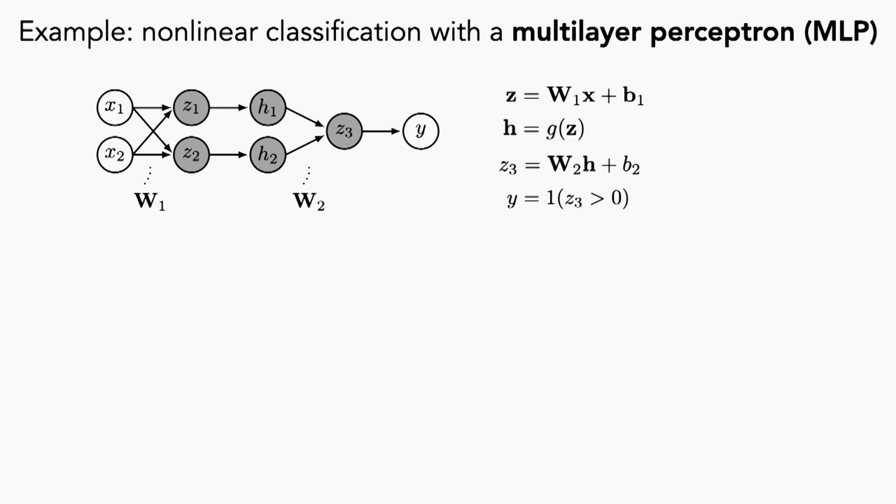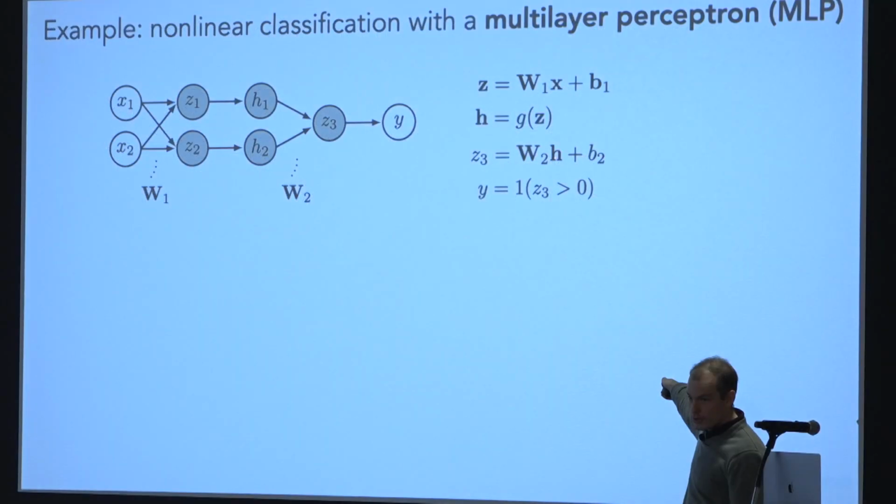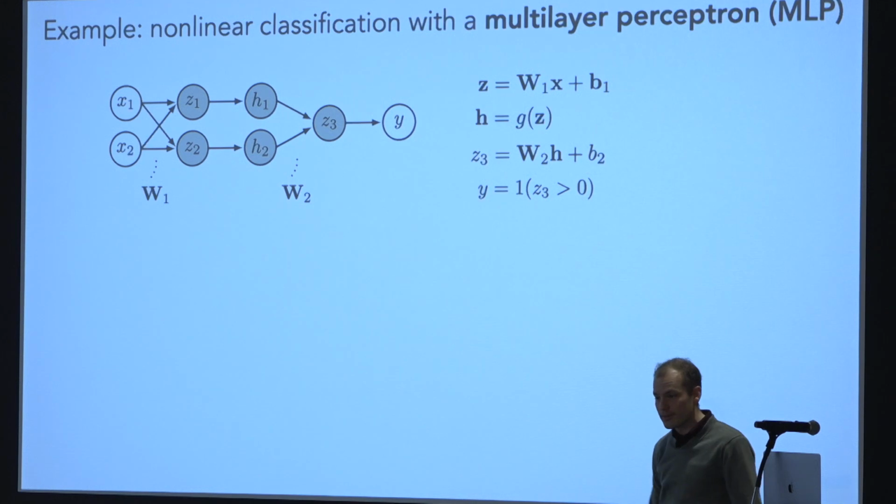So we have one layer, and then we have pointwise nonlinearity, and then we have another layer, another linear combination, and then a threshold at the very end. So we'll keep that threshold just to make our final decision. Okay, so here's the math, right? Matrix multiply a set of weights by an input vector plus a bias, pointwise nonlinearity, that same operation but with different parameters, and then a threshold to make our decision.